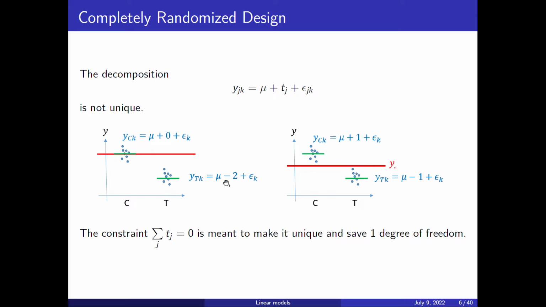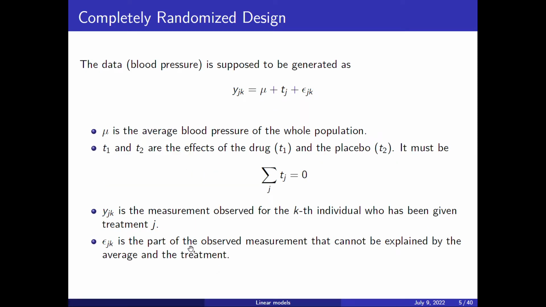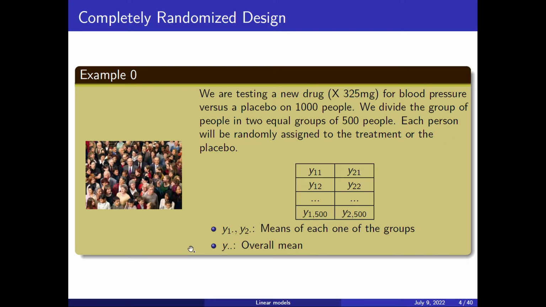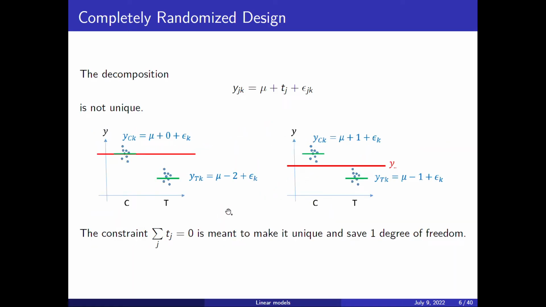It is also 2 in this decomposition. And the advantage of having this constraint that the addition of the treatments is 0, so +1 -1 is 0, it has two advantages.